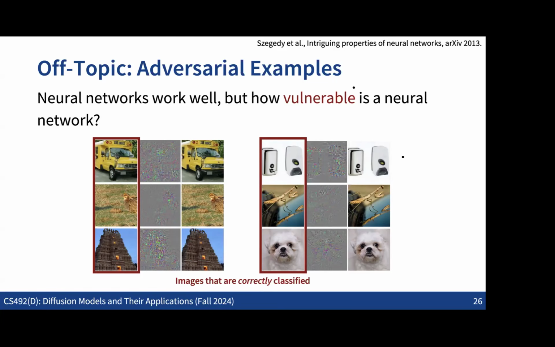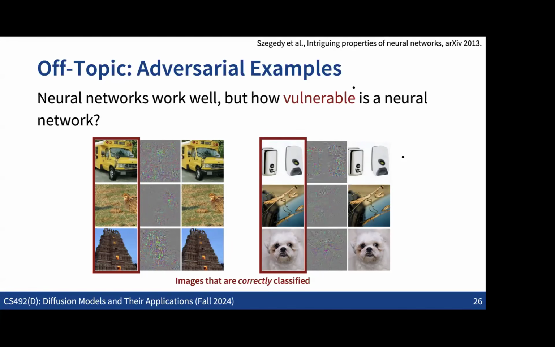After we see such good quality classifiers, the question is how vulnerable is the neural network? How stable is the performance of this kind of classifier? So the experiment here is that, let's say there was a classifier that could successfully classify all those 6 images on the leftmost side.